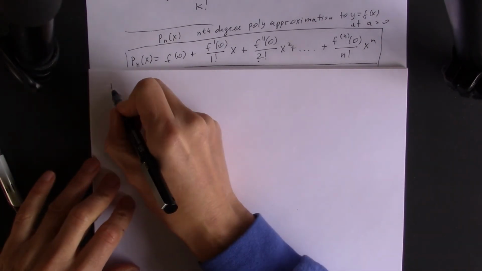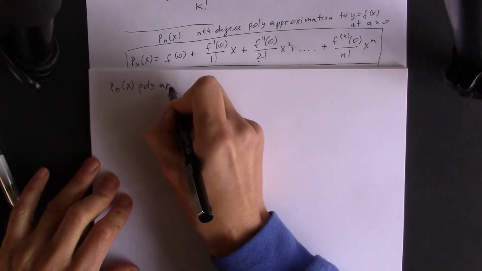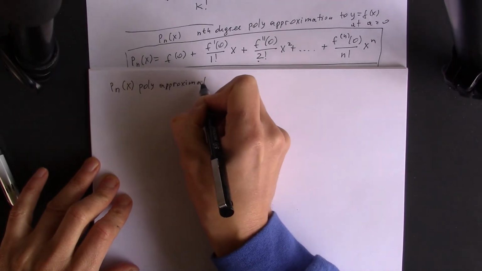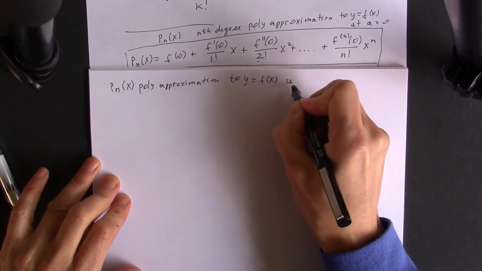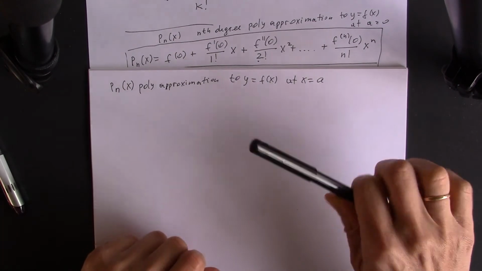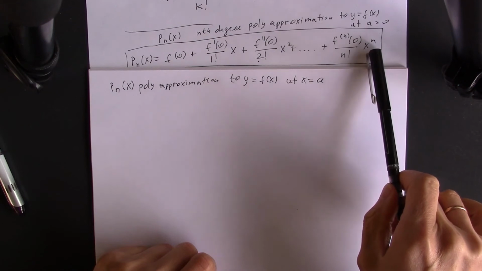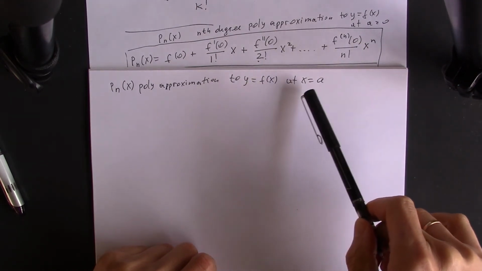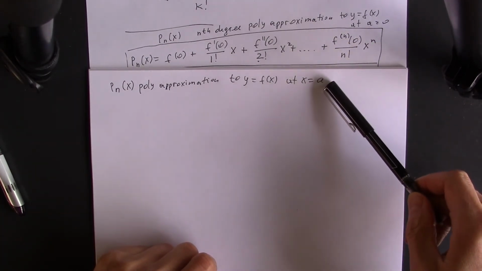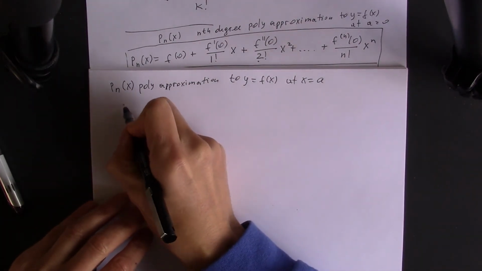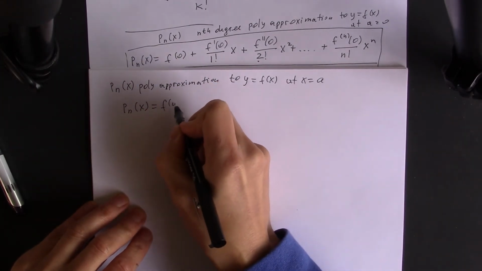Now, if we want to find the polynomial approximation to y equals f of x at x equals a, where a is not necessarily equal to 0, then it's essentially the same formula as before. The only thing is we have to shift by a, from 0 to x equals a. So instead of f of 0 we write f of a.